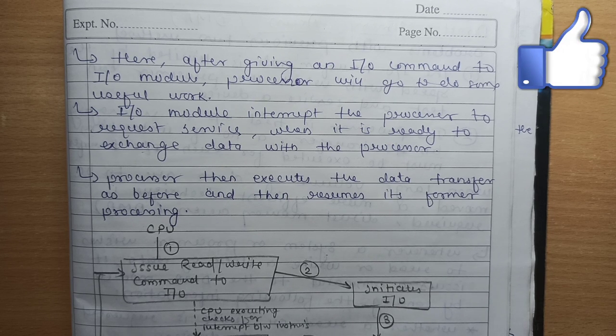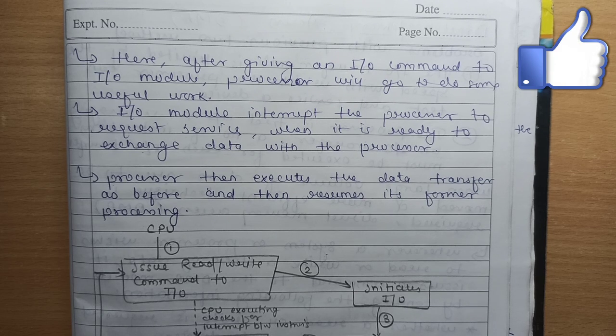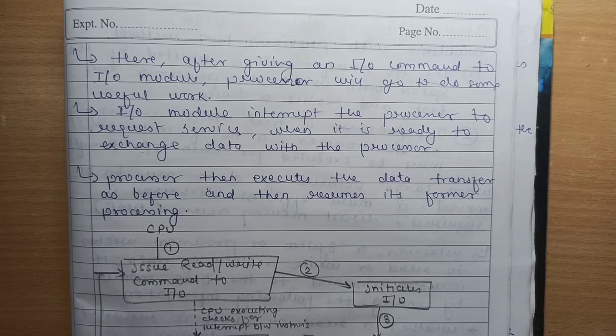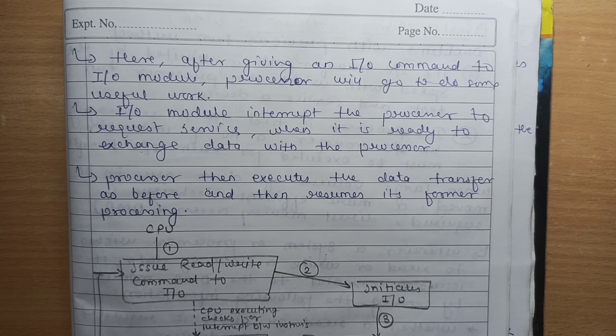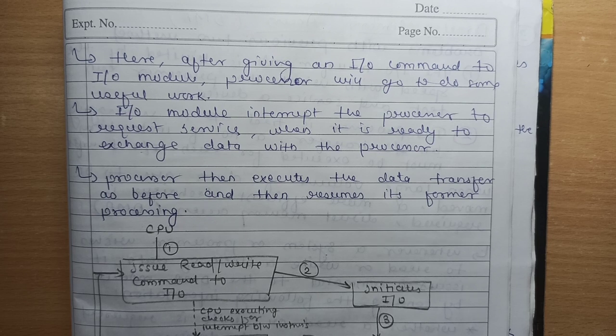So the processor will not wait, it will perform some other operation. It may switch to another process, or it may continue with the same process if the IO which has been demanded is not required in the instructions after that. Okay, so the processor will not be waiting there.